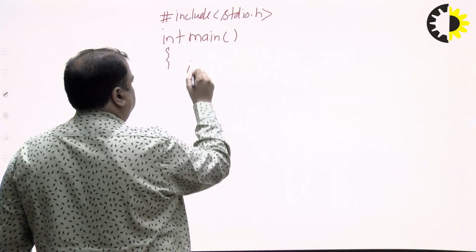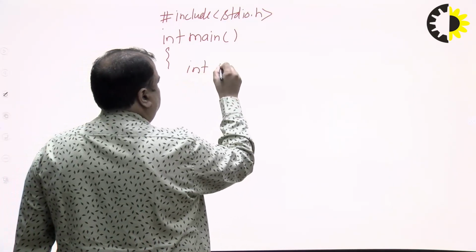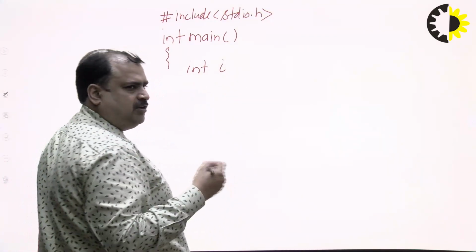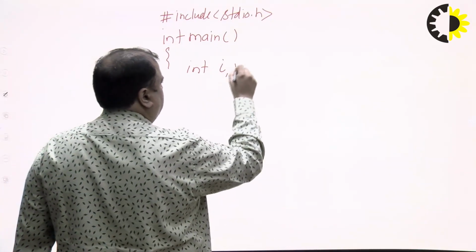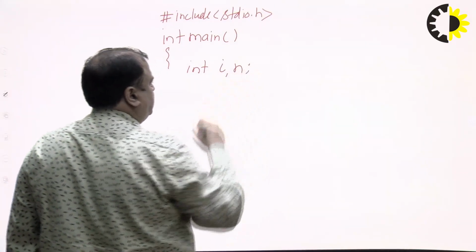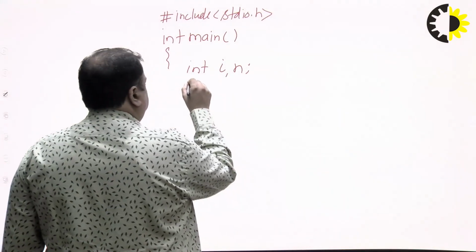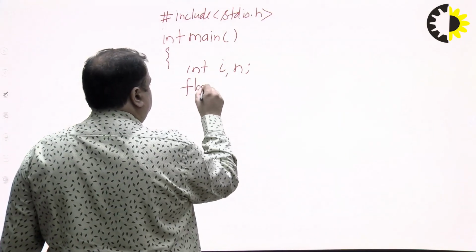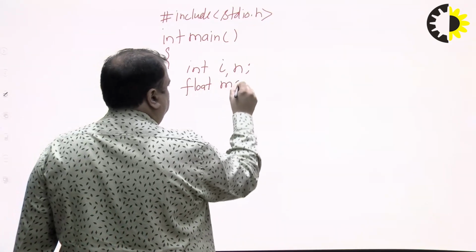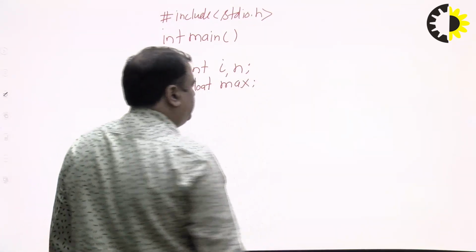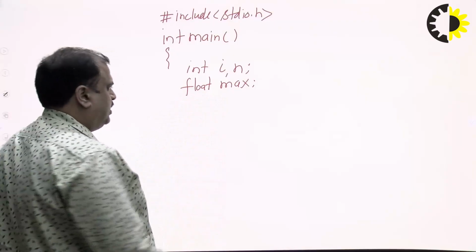So let's have integer i for traversal of the array, and n for the size of the array, and a float variable max for storing the largest value.